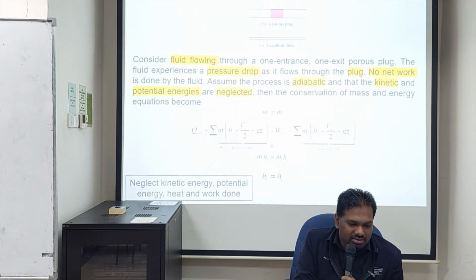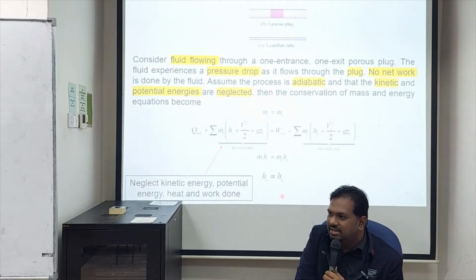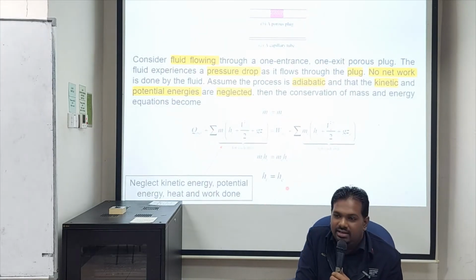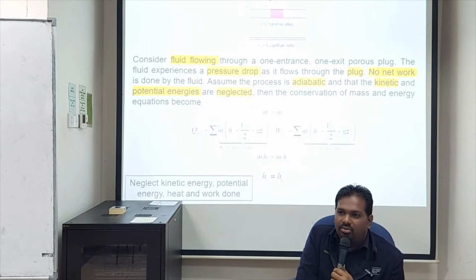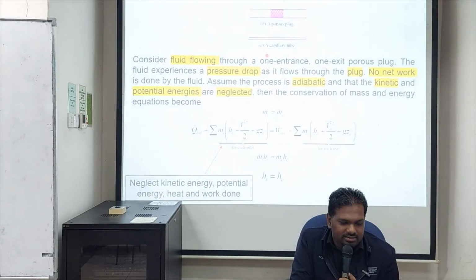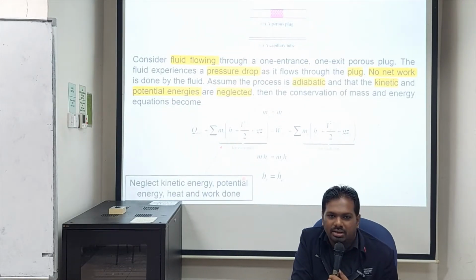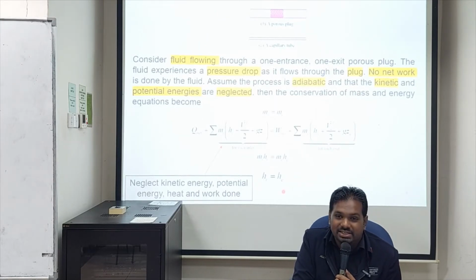So mass is conserved. So at the end untuk throttling device, so h_i equals to h_e. So i adalah in, e adalah exit. Okay. So kalau nak soalan tu berkaitan dengan throttling device, so straight away use this formula. h_i equals to h_e.